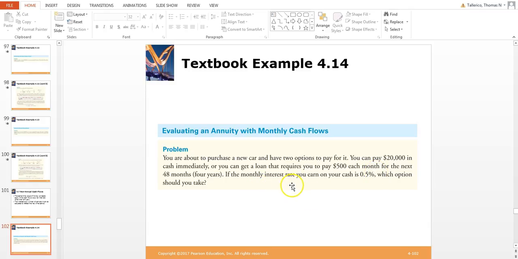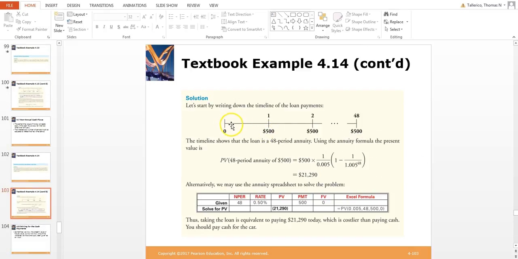If the monthly interest rate you earn on cash is 0.5%, which option should you take? And the timeline shows here that the loan is a 48-period annuity for 4 years. And you basically get the amount of money that you would get in interest as an annuity if you paid the $500 each month.